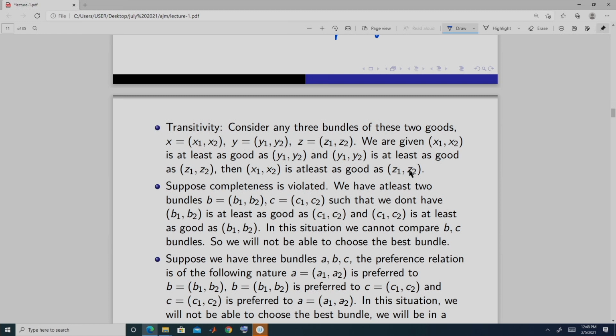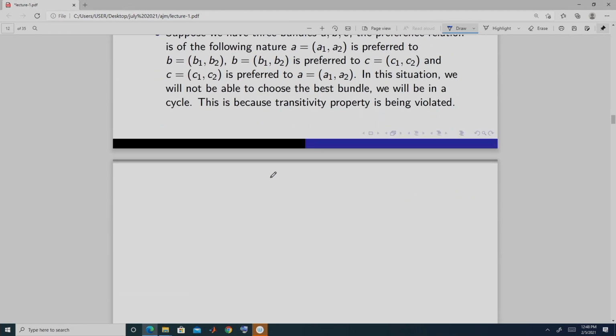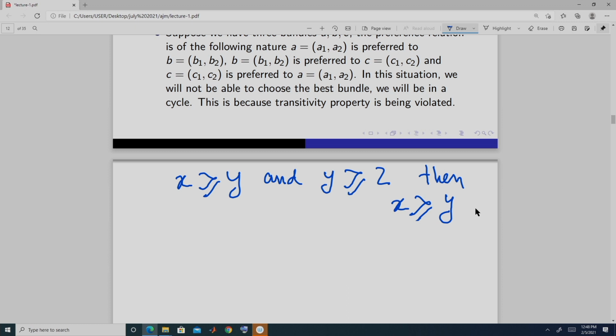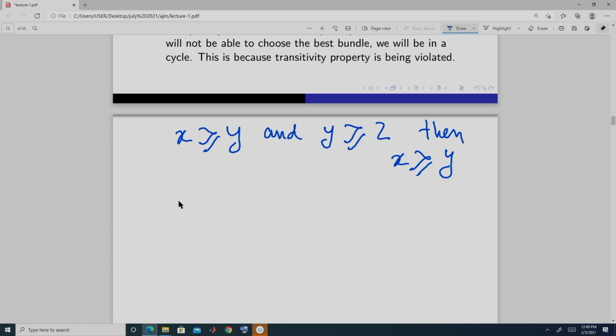This is transitivity. So, if we are indifferent between x and y, and indifferent between y and z, then we are indifferent between x and z.